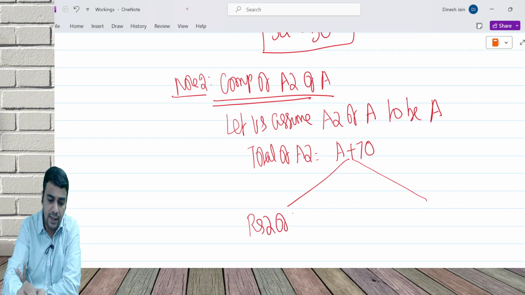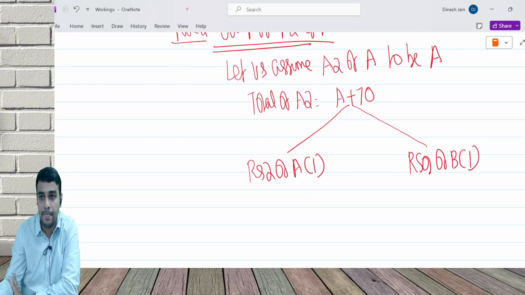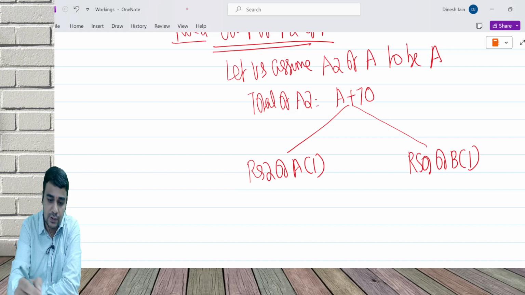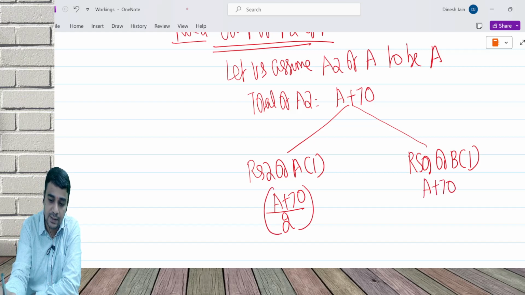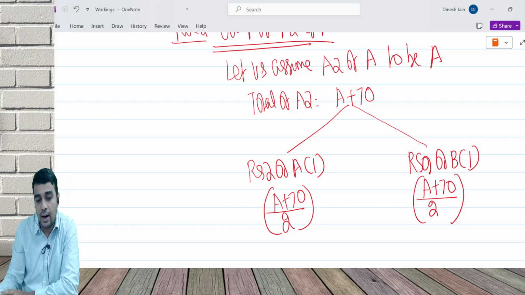RSQ of A and RSQ of B are 50-50. The mix is 50-50. Total of AQ in the ratio of standard mix, so this becomes A plus 70 by 2, and this also becomes A plus 70 by 2. Any doubts on this? RSQ of A is A plus 70 by 2. RSQ of B is also A plus 70 by 2.